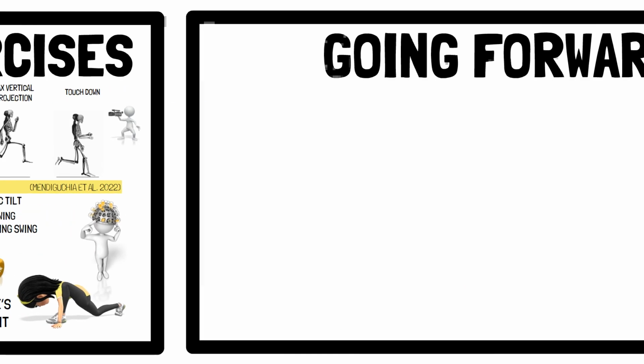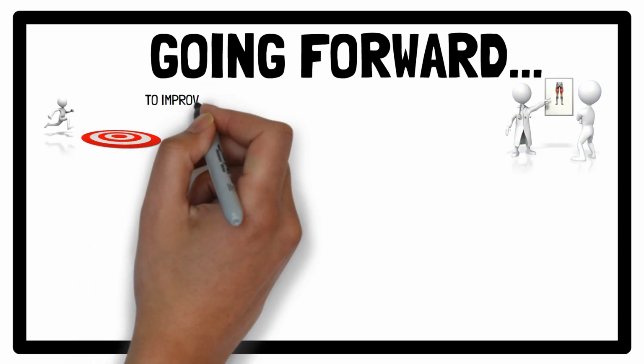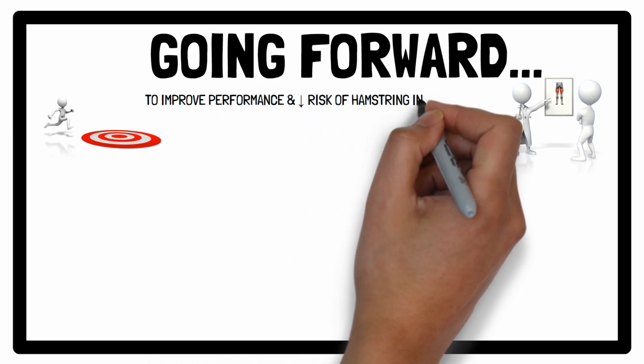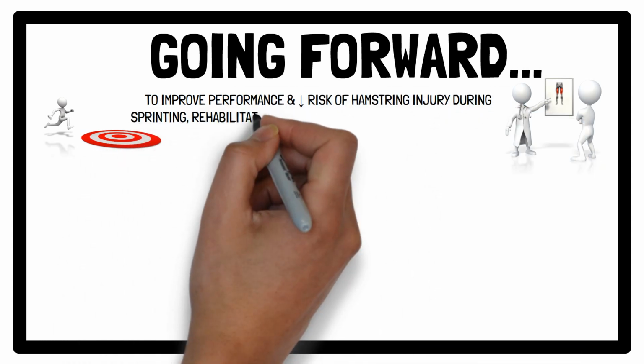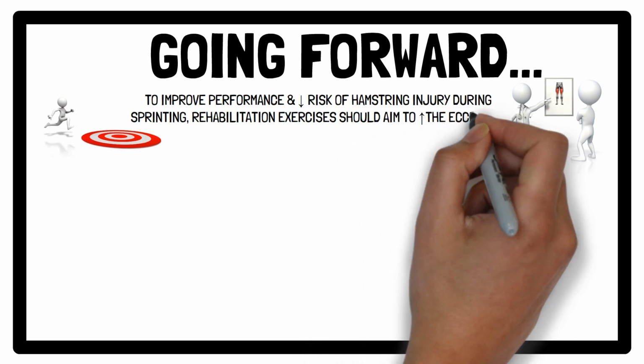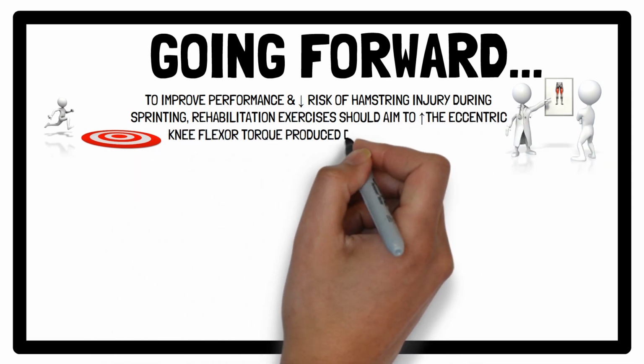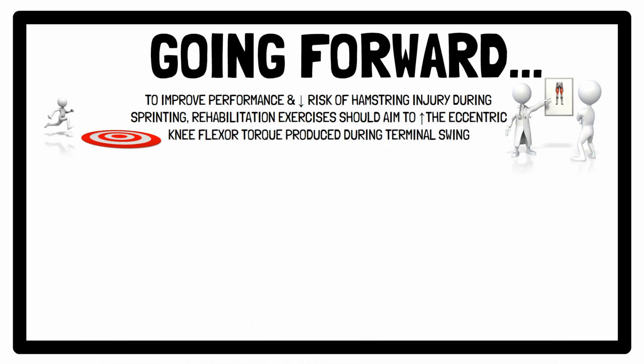To improve performance and reduce the risk of hamstring injury during sprinting, rehabilitation exercises should aim to improve the eccentric knee flexor torque produced during terminal swing. Improving this capacity will allow hamstring muscle fibers to resist over-lengthening and limit the risk of strain injury.